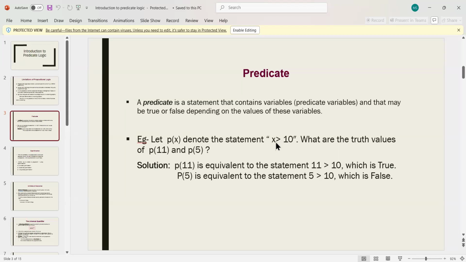P(5) is equivalent to the statement 5 is greater than 10, which is false. Otherwise we cannot talk about it because we are not aware of the value of x.